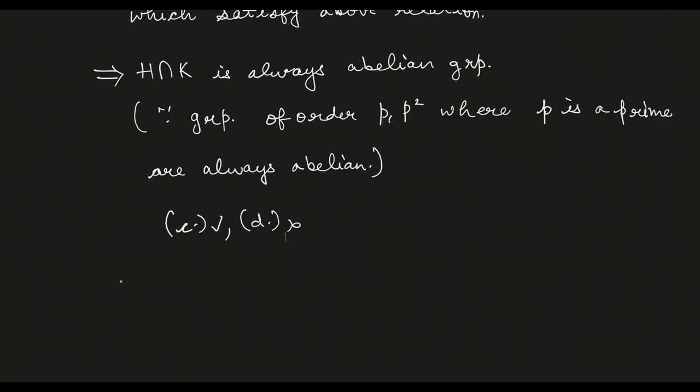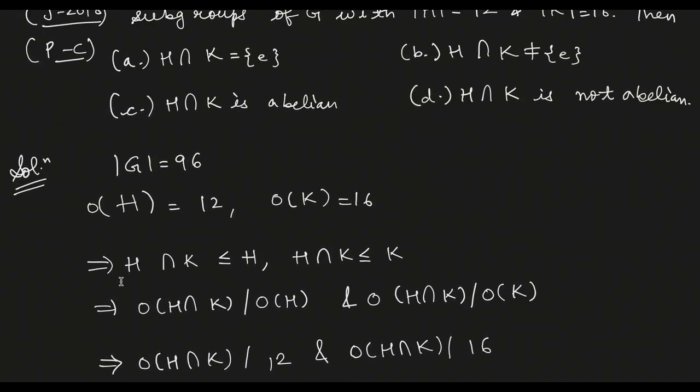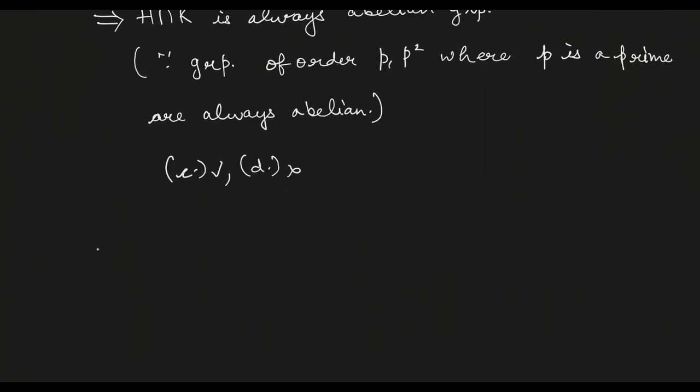Now I need to check whether H intersection K is identity or not. This means that I will check whether the order of H intersection K can be 1 or not.